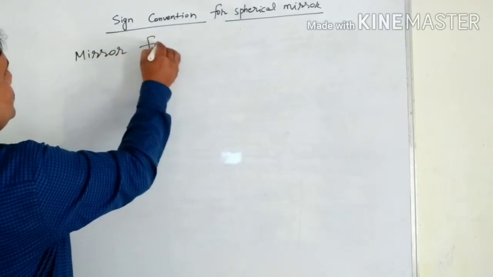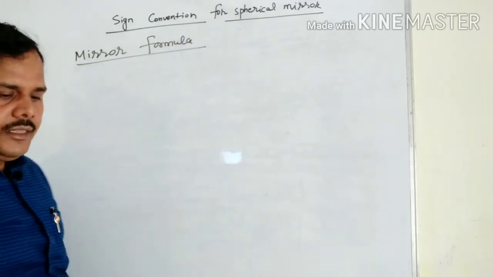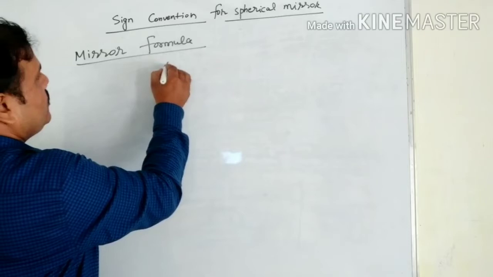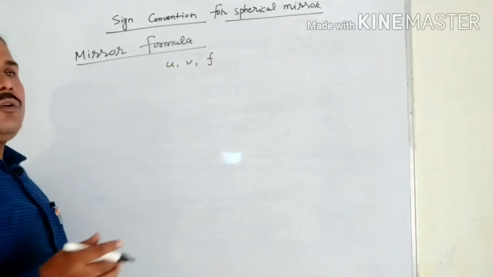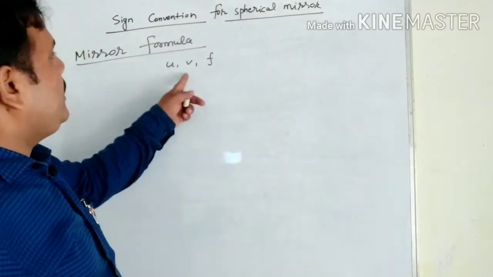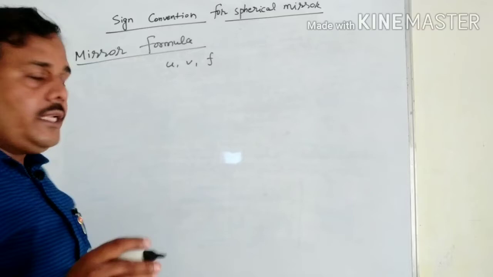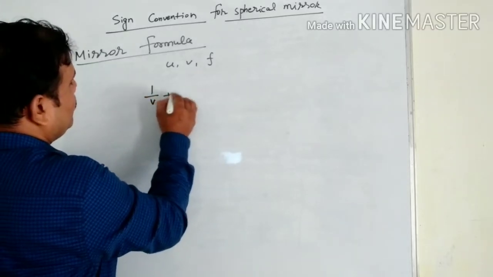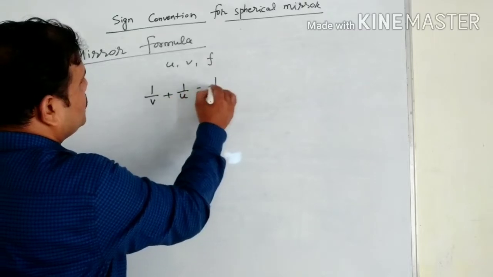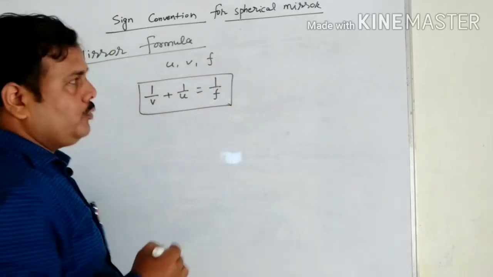Here is the relation between u, v and f. u is the distance of the object, v is the distance of the image formed, and f is the focal length. So here is the formula: 1 by v plus 1 by u is equal to 1 by f. This is our formula.